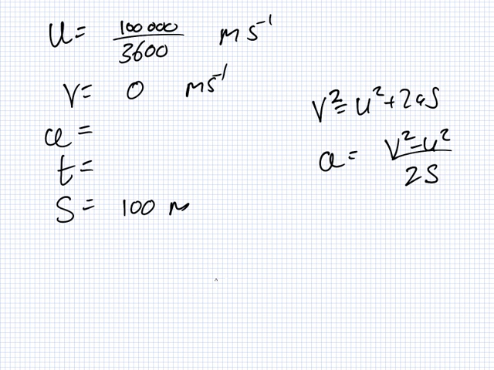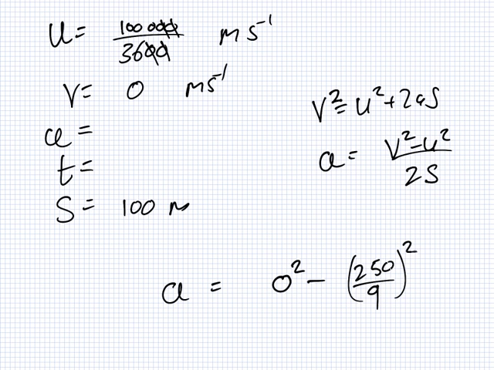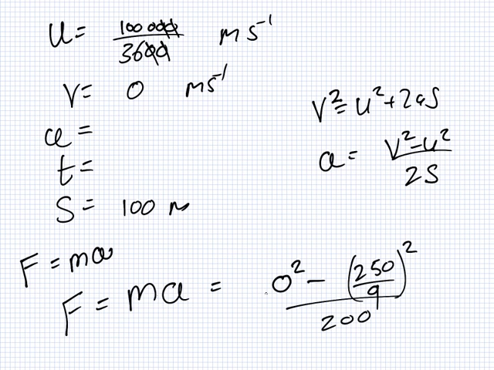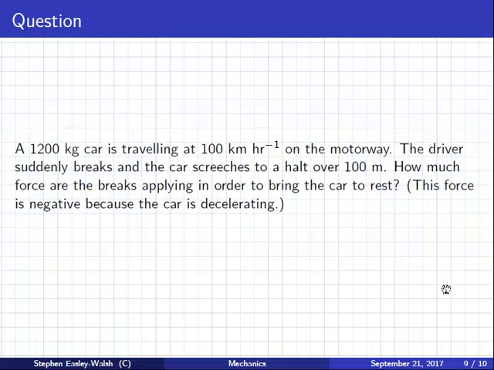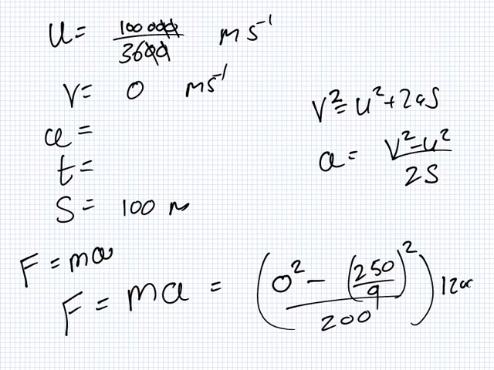Okay, so the a is 0 squared minus u squared over 200. Yeah? That's for the a. But I want the F. What does F equal? F equals ma. So F here would equal m times this number, which I said was 1200.